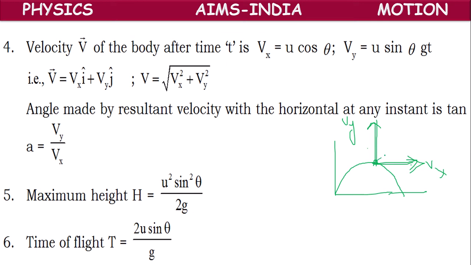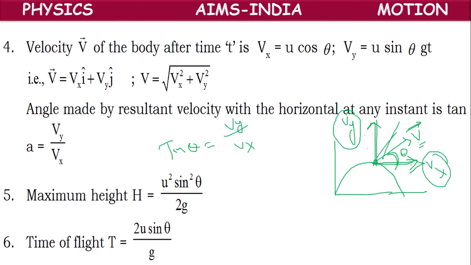The resultant of these two is v, and the resultant always makes an angle with the horizontal given by tan theta equal to vy by vx. That is, the vertical component of velocity divided by the horizontal component of velocity gives the angle made by the resultant with the horizontal.